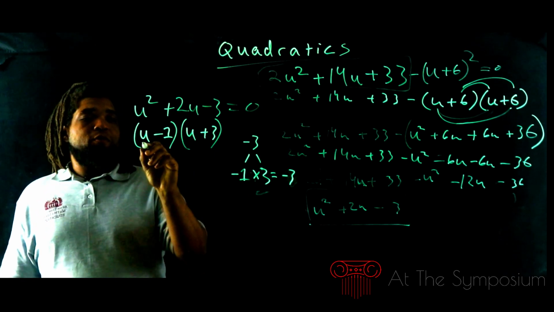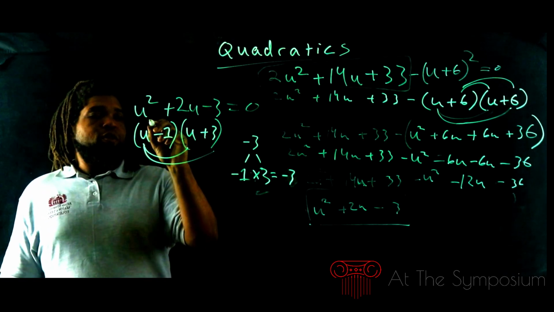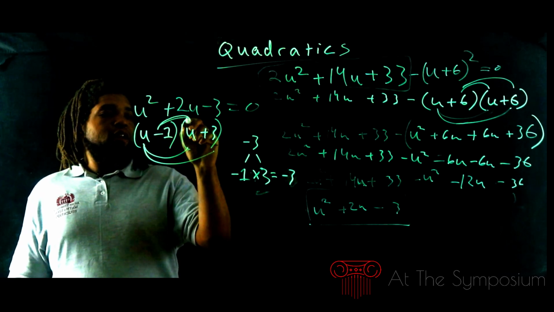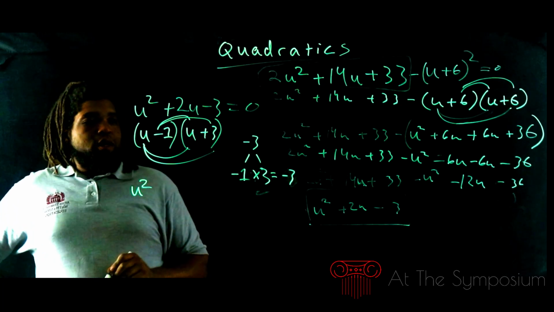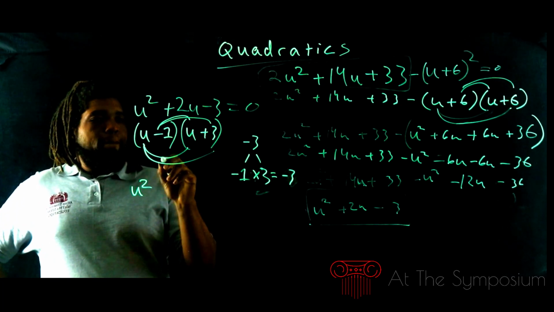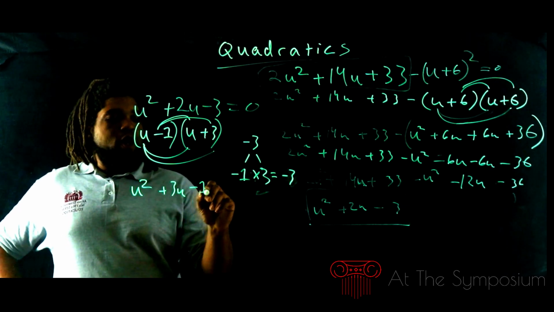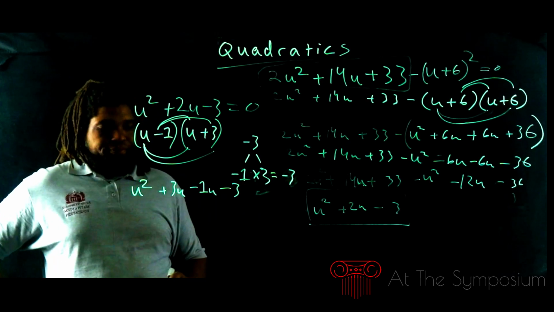So we're going to foil this just like we did over there. We do u times u and u times 3, and negative 1 times u and negative 1 times 3. That's going to be u squared plus 3u minus 1u minus 3.